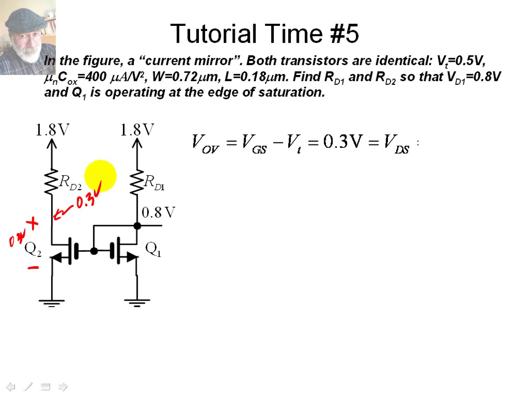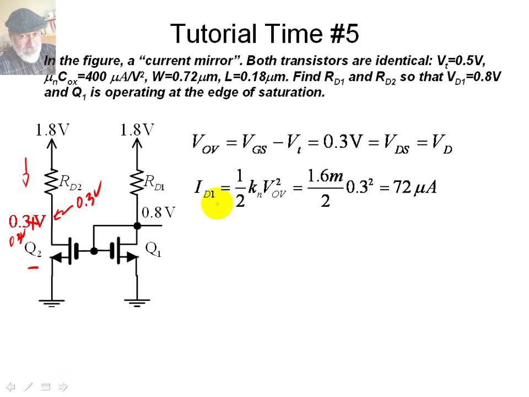At 0.3, that means that we can use the saturation mode formula to compute the current in the drain. Let's compute it. That voltage is 0.3, and the drain current for that Q2 is also 72 microamps. Now you see why we call this a current mirror. This Q2 is a mirror of Q1 in terms of current.